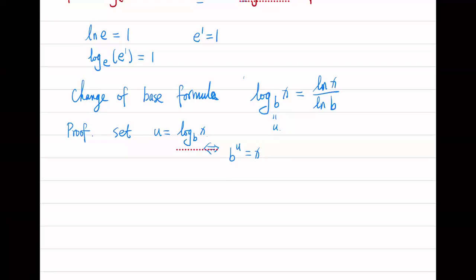Now we take the natural logarithm on both sides. The logarithm of x will be the logarithm of b to the u. Okay, this is a logarithm function, u times the logarithm of b. Then we divide both sides by logarithm b. And so we substitute back. We know u is the logarithm base b of x.